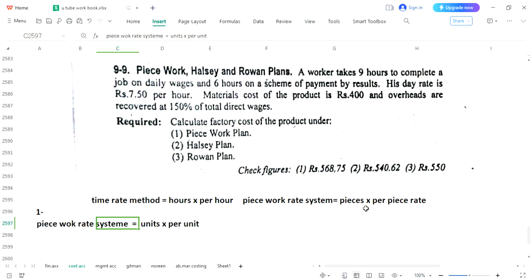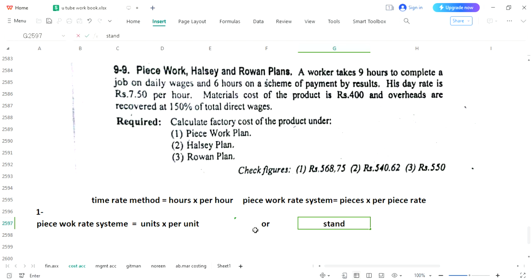The pieces multiplied by per piece, or you can say units multiplied by per unit. Just remind yourself, we have introduced another formula in previous questions as well. For the piece rate system, you can also use standard time, and it would be multiplied by the per hour rate. You can also use this formula as well.